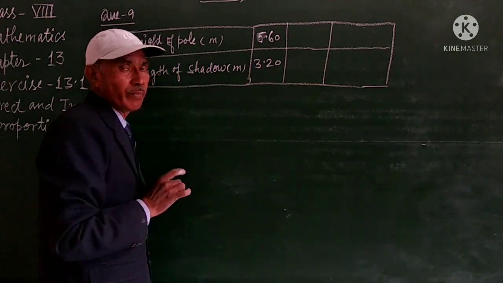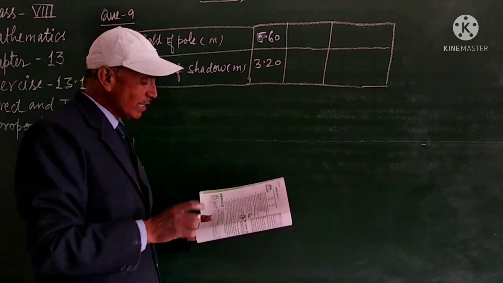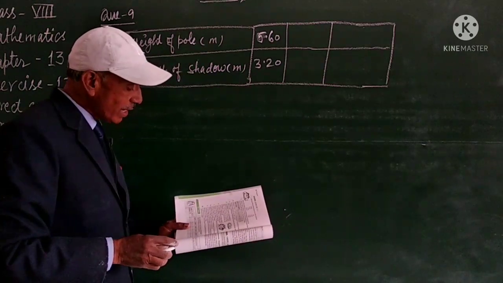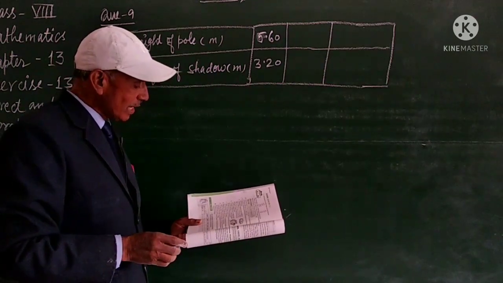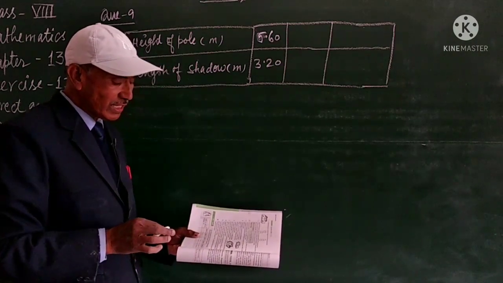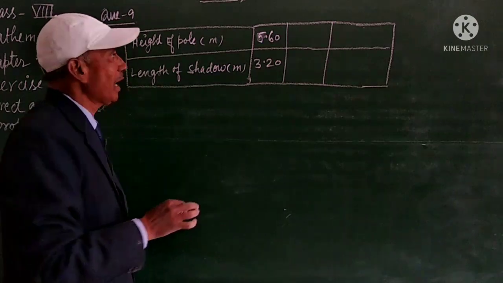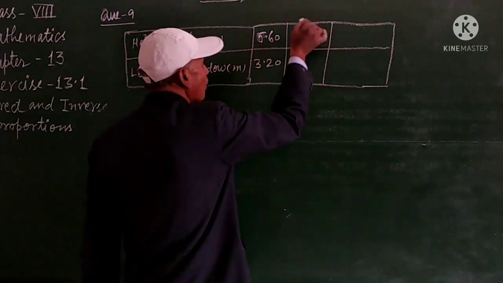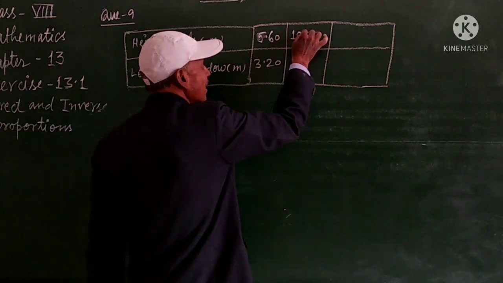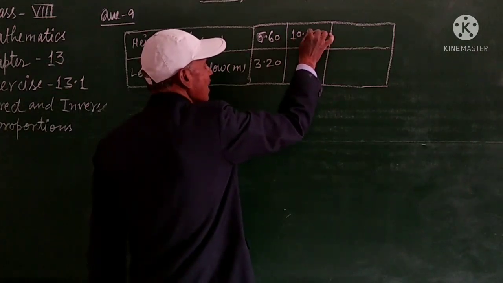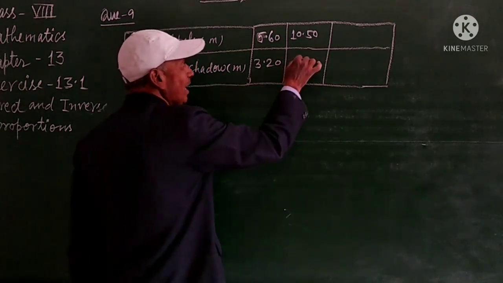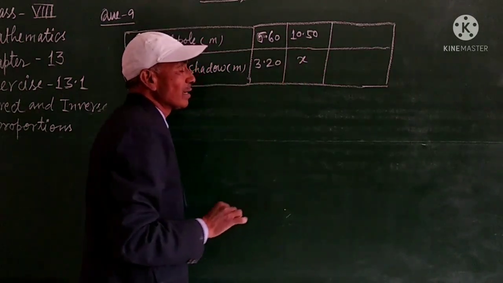It is given. Now in the first case, it is asked to find at the same time the length of the shadow cast by another pole, that is 10 meter 50 centimeter high. So height of pole is 10.50 meter, and let the shadow length be x.